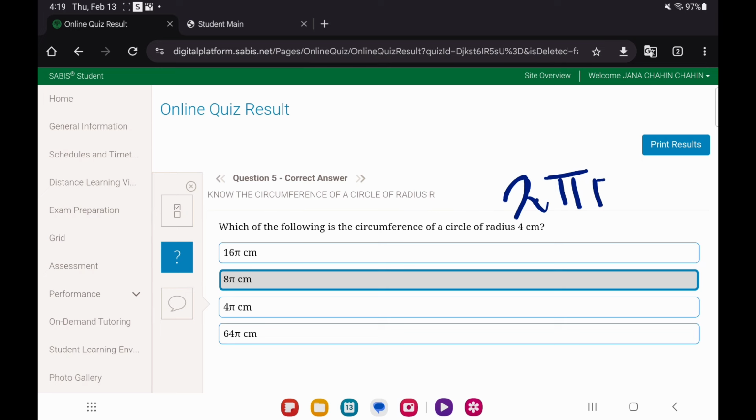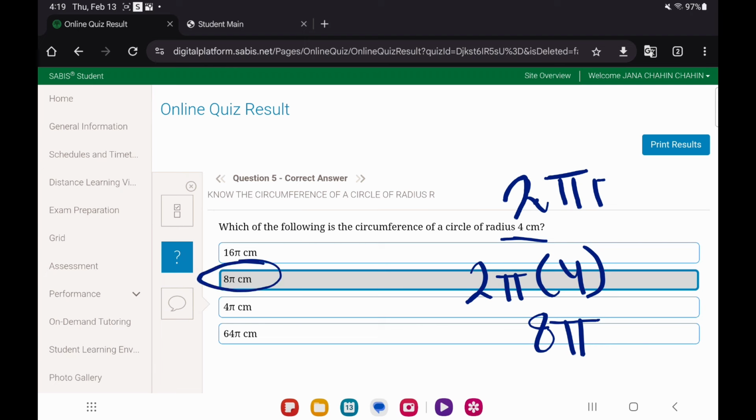Here our r is 4, so it's 2 pi 4, so just multiply 2 by 4, it's 8 pi, and that's your answer. And if one of the answers wasn't without a pi, do 8 pi on your calculator just to make sure that there aren't two answers to this question.